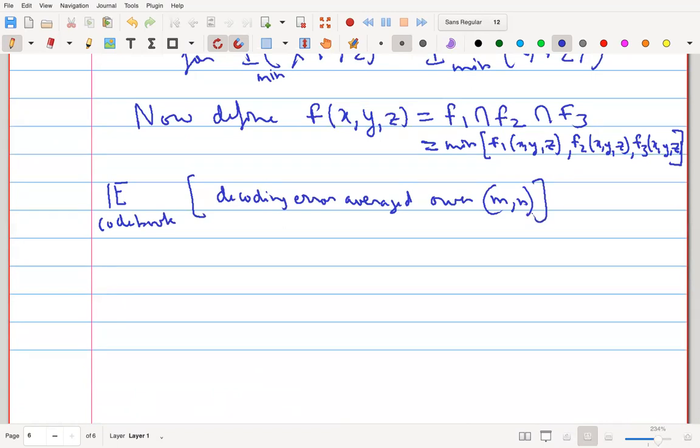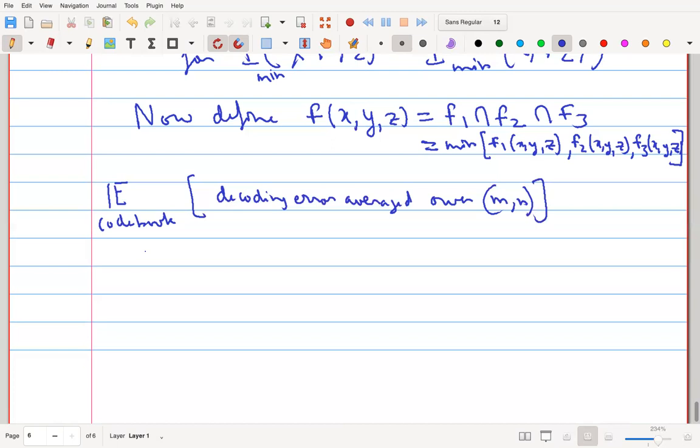By symmetry, we only need to concentrate on, let us say, m comma n equal to the last message pair, since this is a sequential decoding strategy. The symmetry is not exactly there, but you can easily see that the last message pair, m hat n hat equal to 2 to the R1 comma 2 to the R2, is the very last thing that we consider.